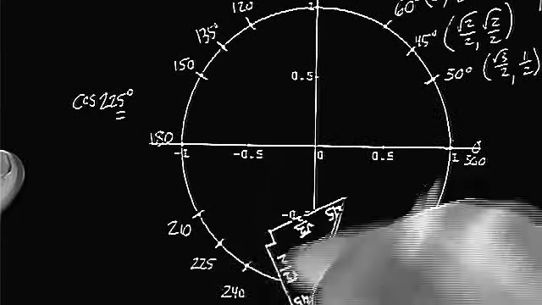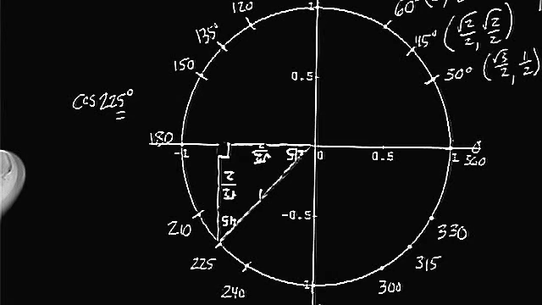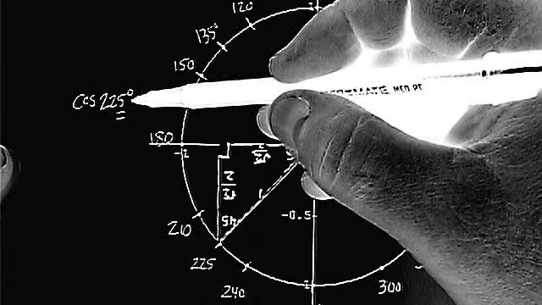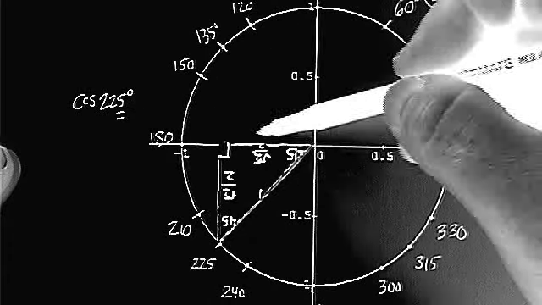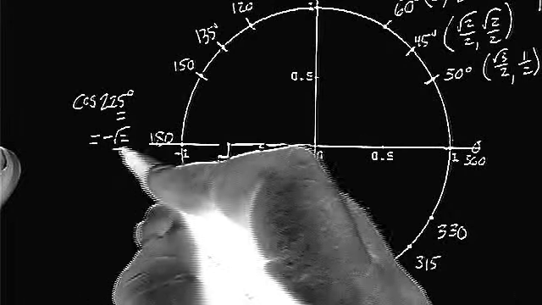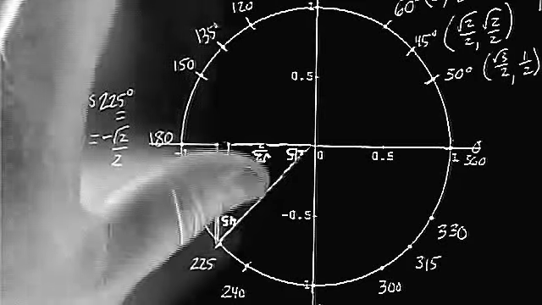So the triangle that we're using is the 45, 45, 90. So we're looking for x according to this. Cosine is the x. So we're going left, and so this would be negative radical 2 over 2. Using my triangles, I can go anywhere around this circle.